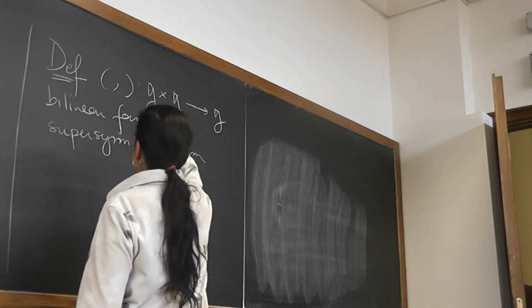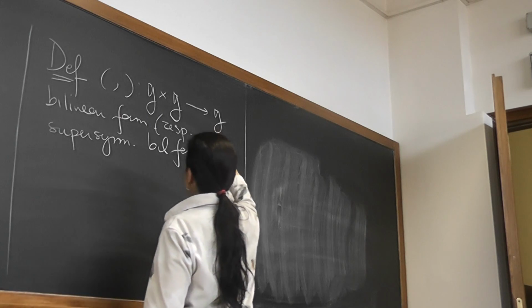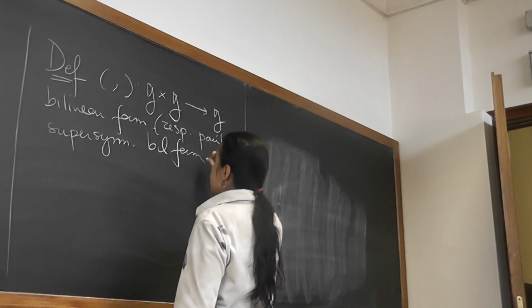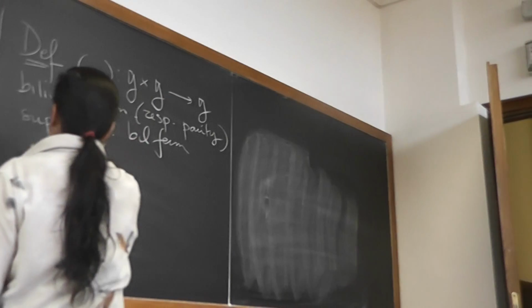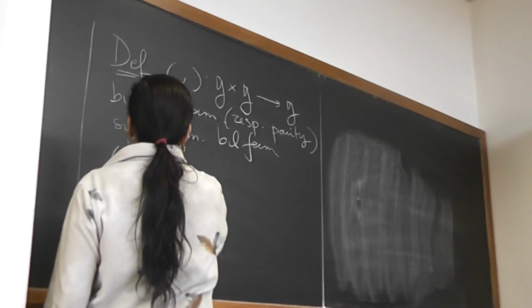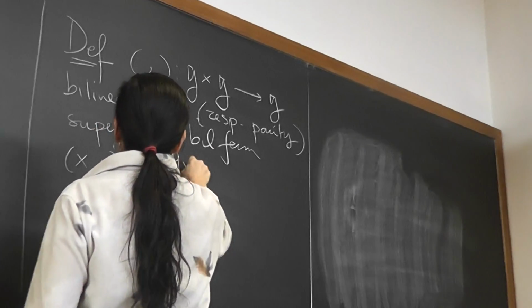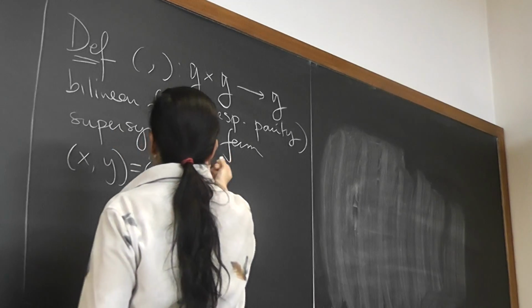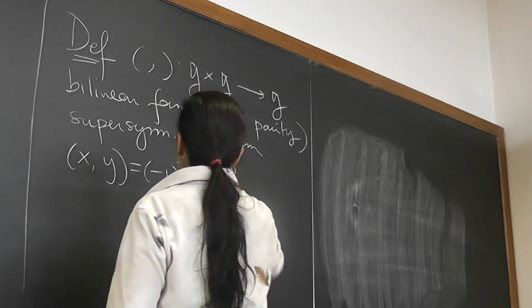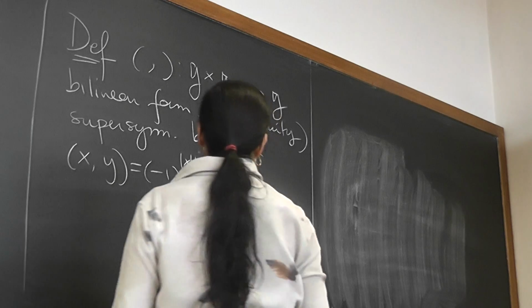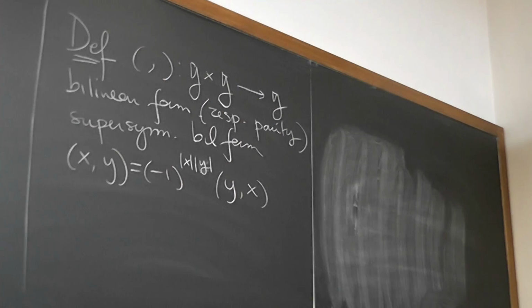Of course it always respects parity. A supersymmetric bilinear form says that when you do (x,y), this is equal to (-1) to the parity of x times the parity of y, and then (y,x). Let me check, because I want to say more, but I want to be sure.